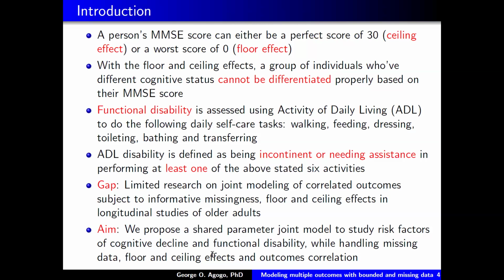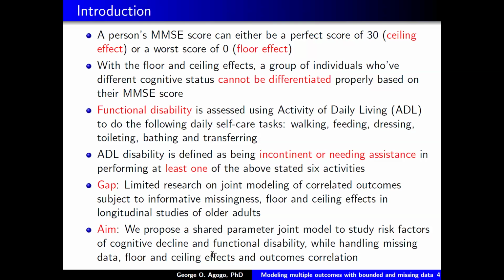Now, by the time we were doing this work, we scanned through the literature and we realized there was very limited research on how to jointly model correlated outcomes that are subject to informative missingness. Informative in such a way that the missingness pattern is informed by some characteristics that are observed and some that are not observed. And also floor and ceiling effects when, for example, we're using MMSE score as a measure of cognitive function.